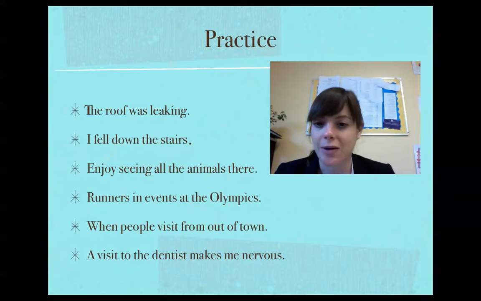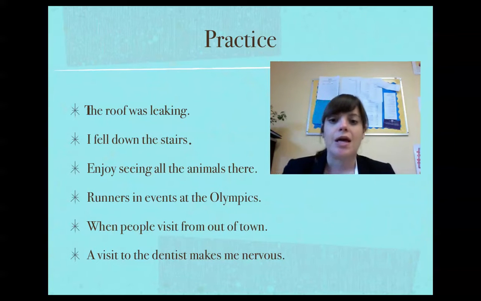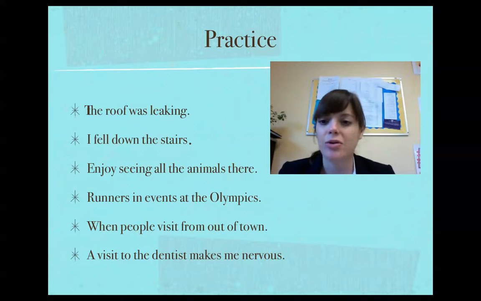All right, now let's look at our next one. It's a little trickier. Enjoy seeing all the animals there. Now I got a capital E at the beginning. I got a period at the end. I didn't start with any of my cliffhanger words, but there's definitely something not right. So looking at it a little closer, I see some verbs. I see enjoy, seeing.